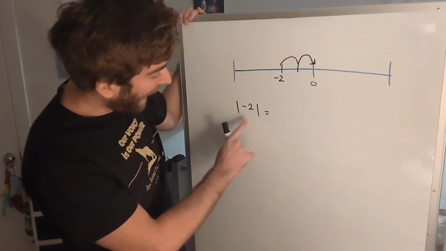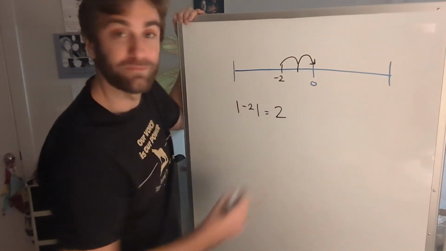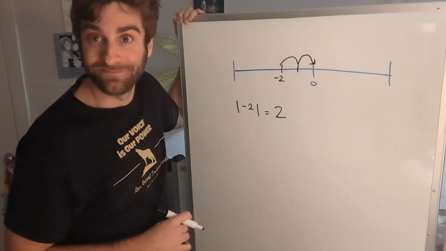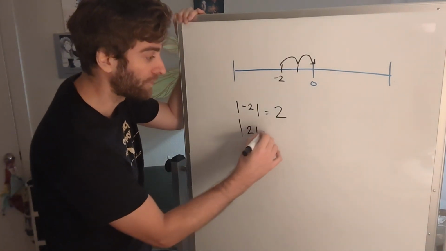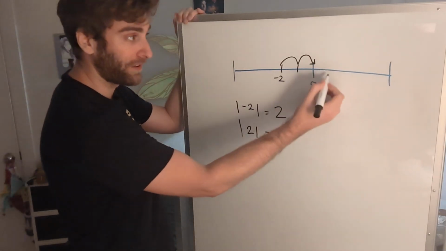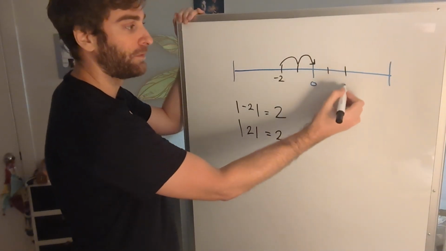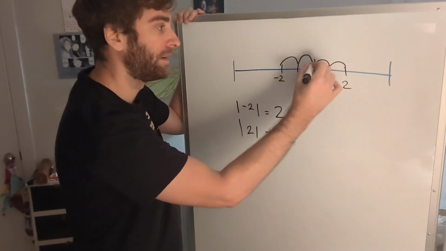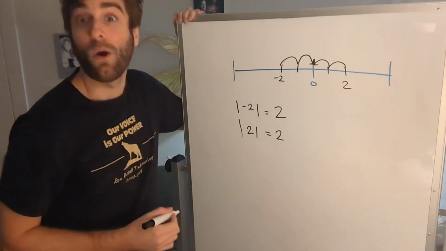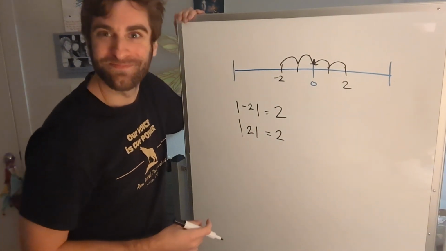Because it's 2 away, the absolute value of -2 is just 2. The absolute value of +2 is also 2, and we can check that here. We can count, it is 2 away from 0.